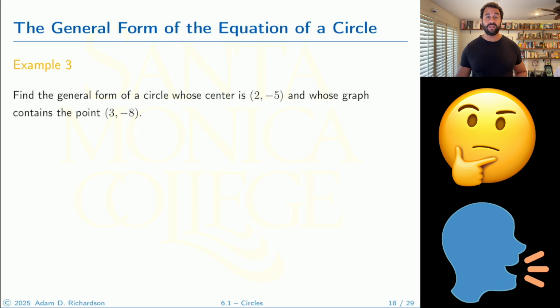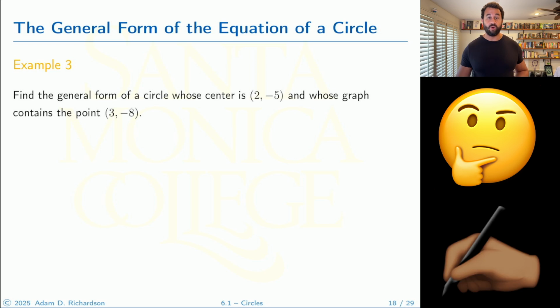Maybe even just reread the question out loud. That can always help, right? And now work it out on your own. You're going for the general form of that circle given that information. Maybe a hint, start with the standard form. That's a good way to start. Start with the standard form and then convert it into the general form.